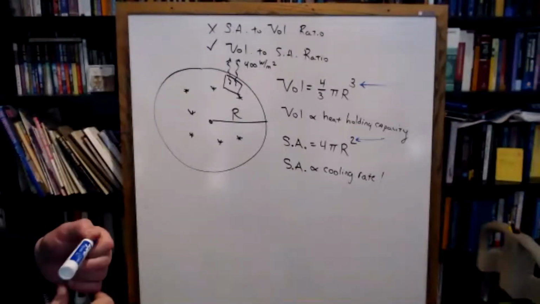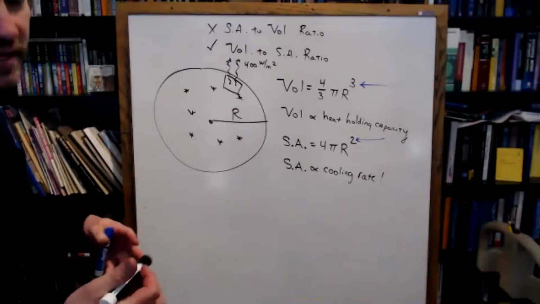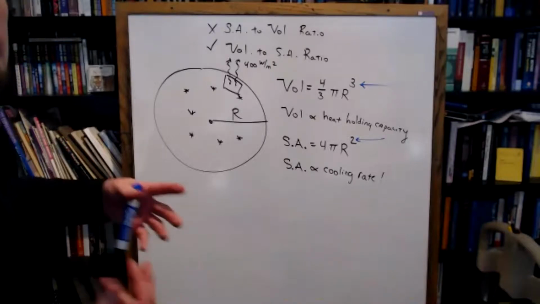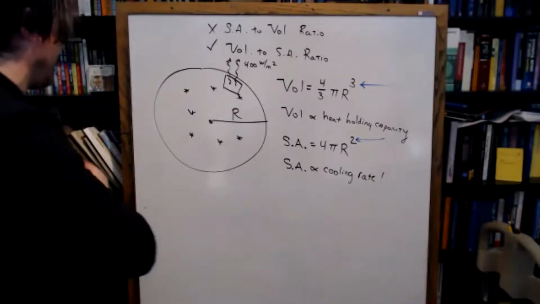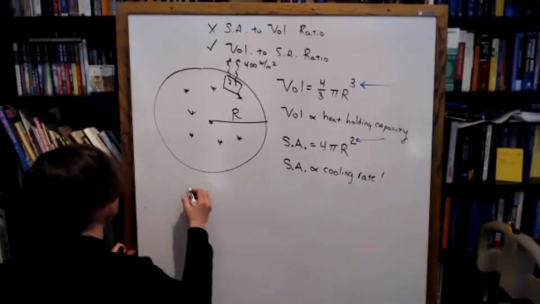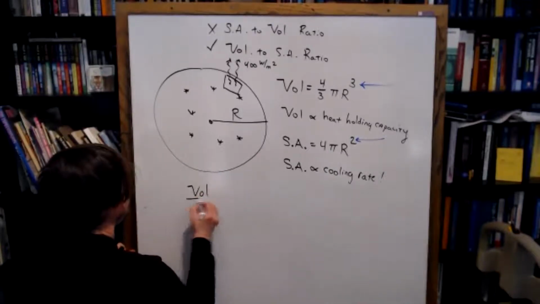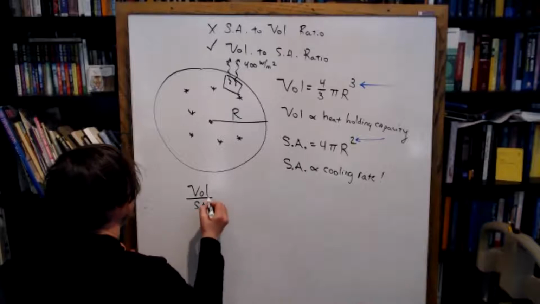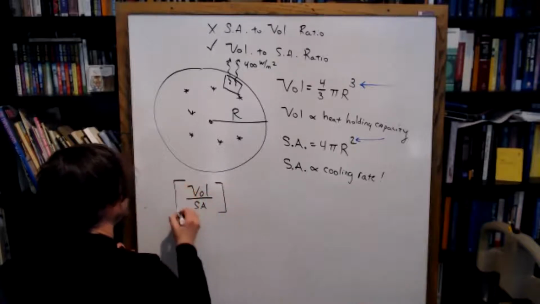And sometimes people will try to make this explicit by taking something called the volume to surface area ratio of a planet. And the volume to surface area ratio of a planet is an indicator of how much internal heat it can hold.